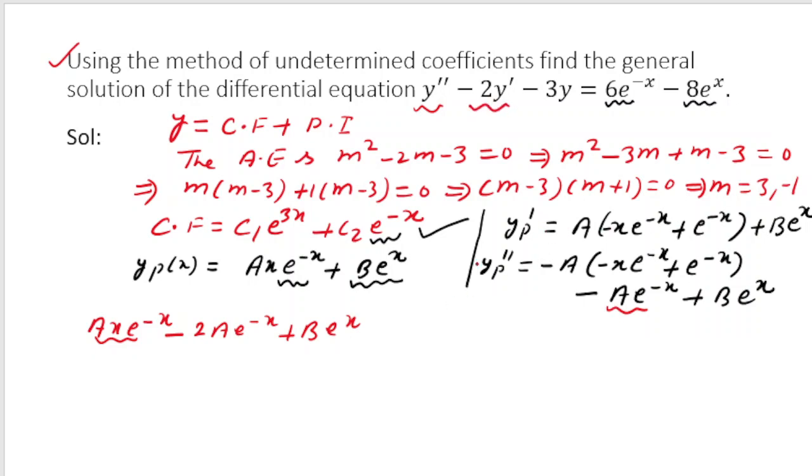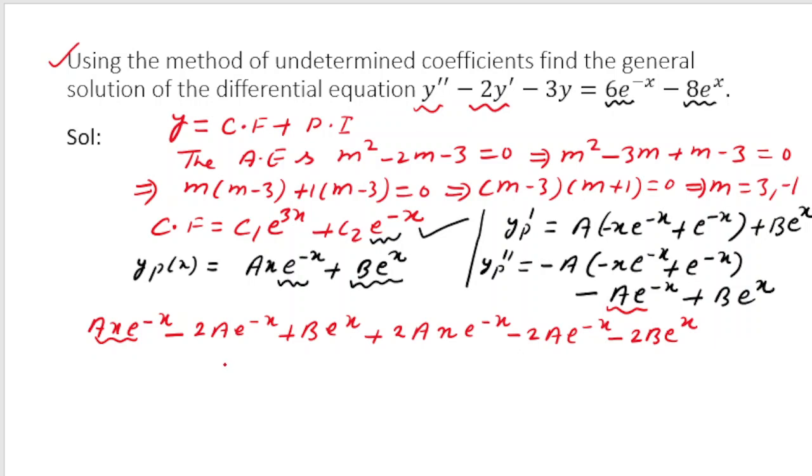So we have to multiply this. It is already a minus, and this minus will make it plus 2a x e to the power minus x. Then minus 2a e to the power minus x, and then minus 2b e to the power x, and then minus 3y.